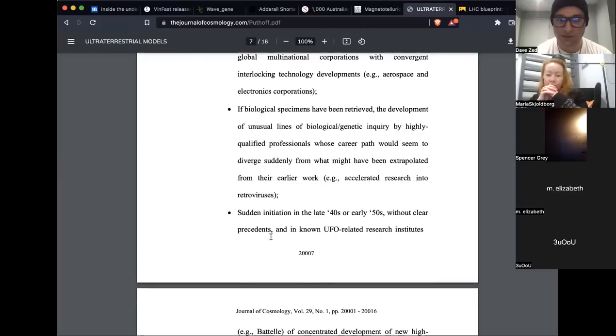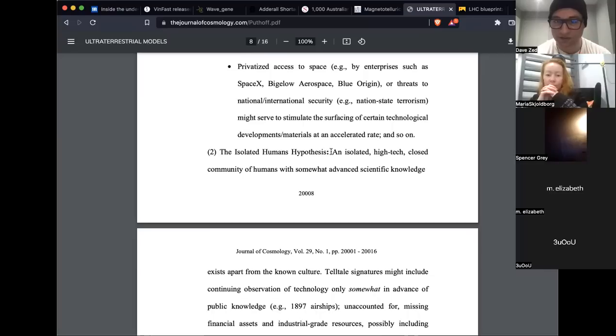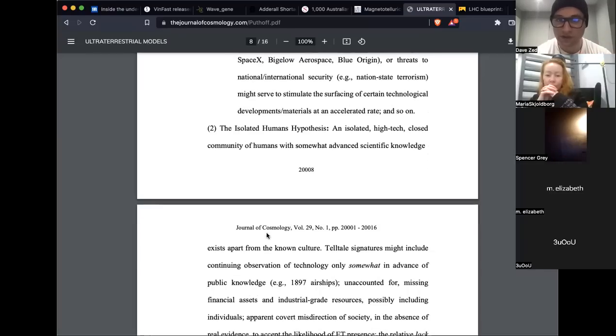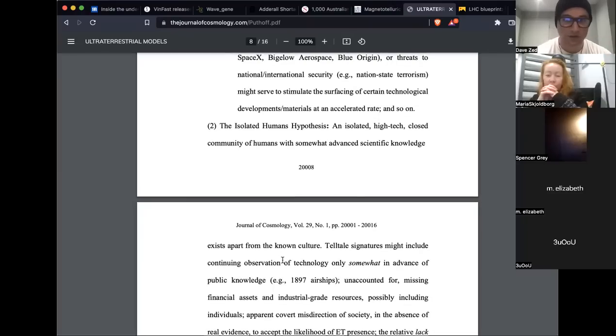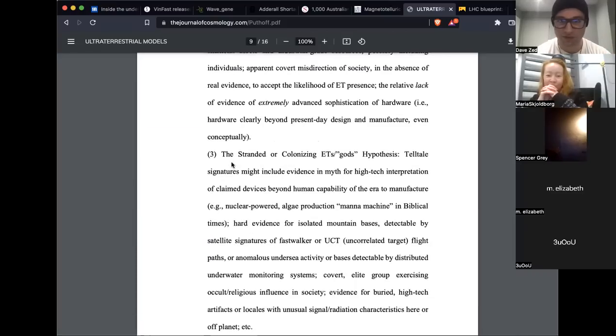We can see the second hypothesis, the isolated human hypothesis: an isolated high-tech closed community of humans with somewhat advanced scientific knowledge exists apart from our known culture. Now, the question becomes, what if we're isolated, but we're just not high tech? So we see, for example, the stranded or colonizing extraterrestrial/gods hypothesis.